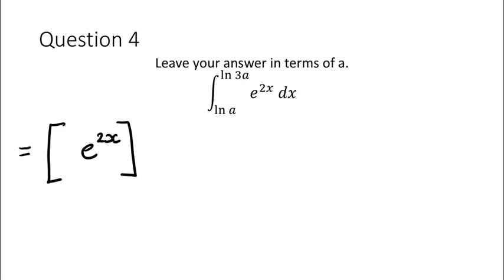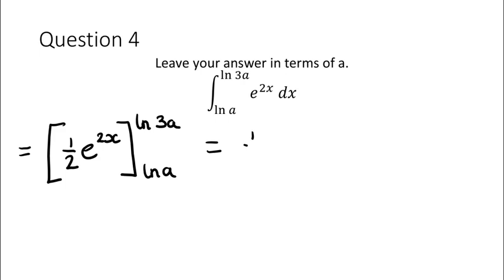So I'm going to be timesing this e to the 2x by 1 over 2, or dividing it by 2. So I've integrated e to the 2x, and now I'm going to substitute in my limits of natural log of 3a and natural log of a.